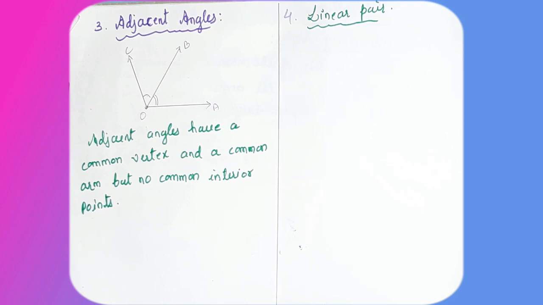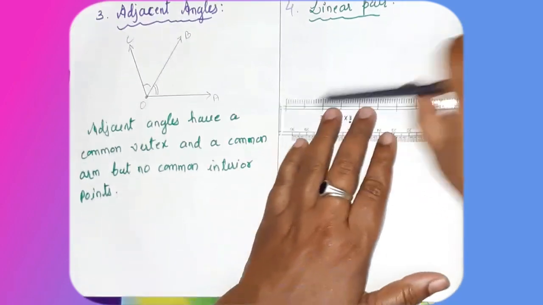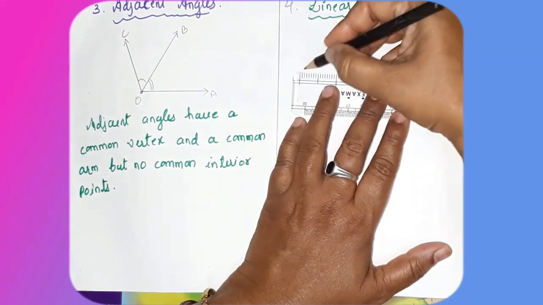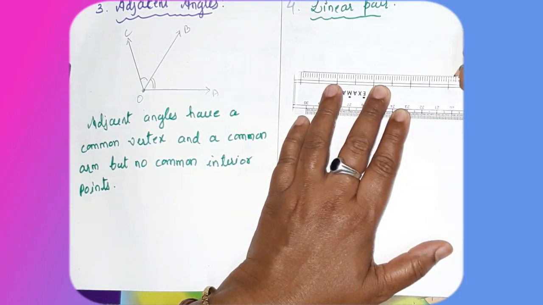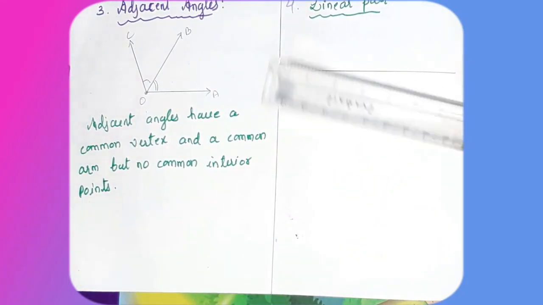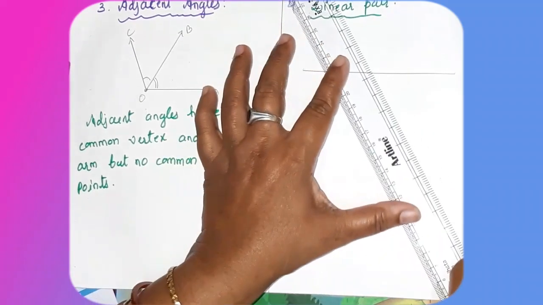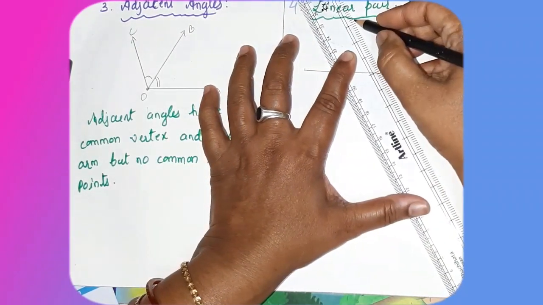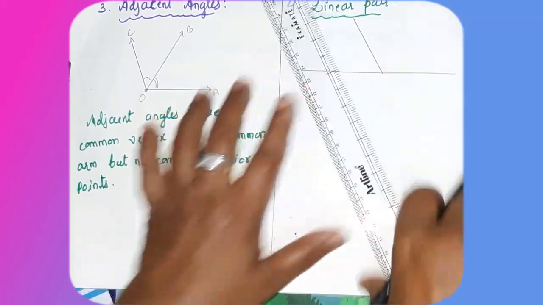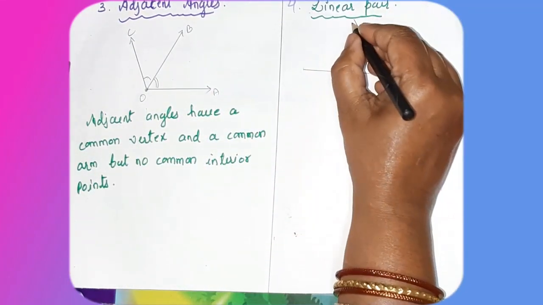I'll draw the figure so that you can understand very easily. A linear pair is a pair of adjacent angles. Adjacent you already know: a common vertex and a common arm must be there.